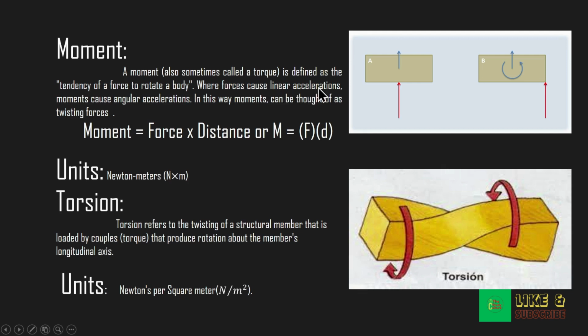When forces cause linear acceleration, moments cause angular acceleration. In this way, it can be thought of as a twisting force. When we observe these two figures, a force applied to a body can change into a twisting or rotating force.